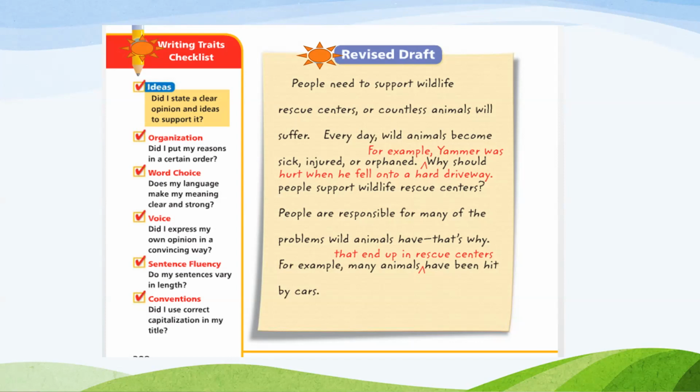Do my sentences vary in length? So in this case, we need to see if our sentence is understandable, and if it has a rich language, many words that express the ideas clearly.